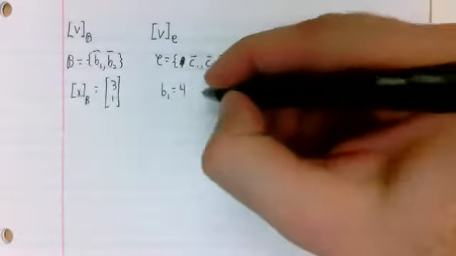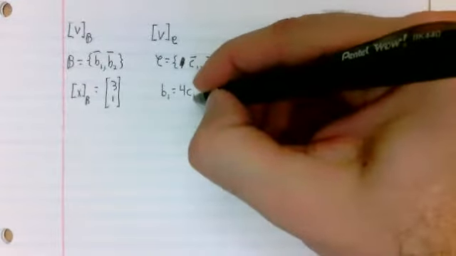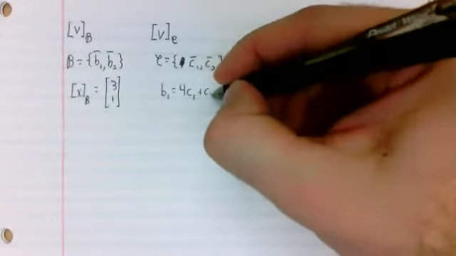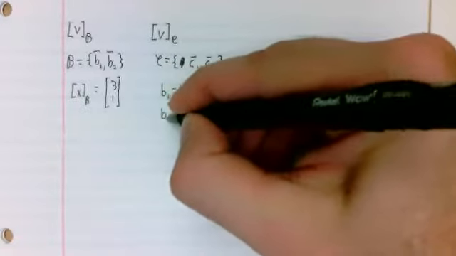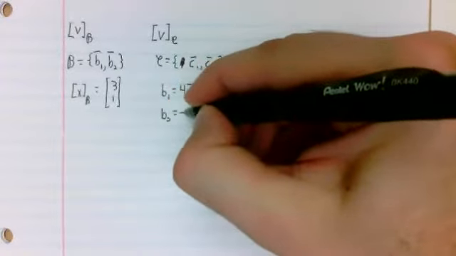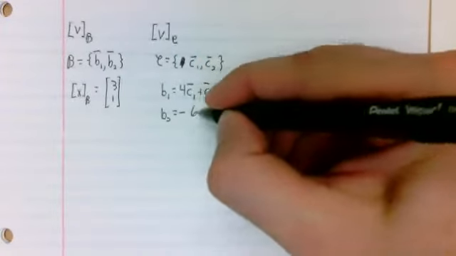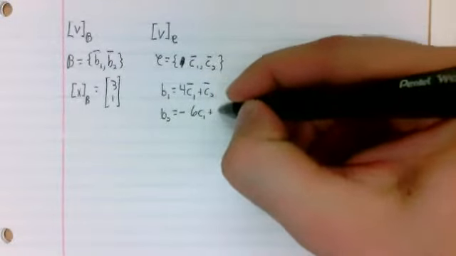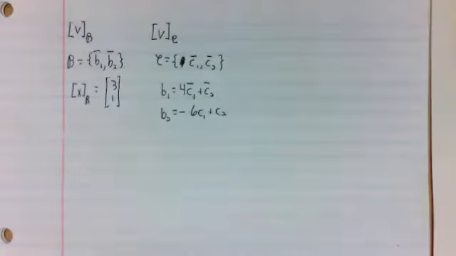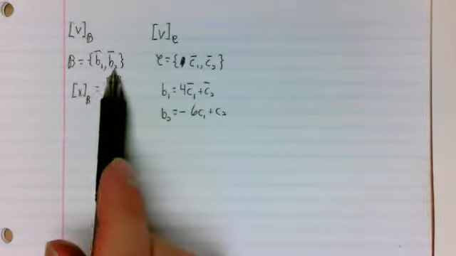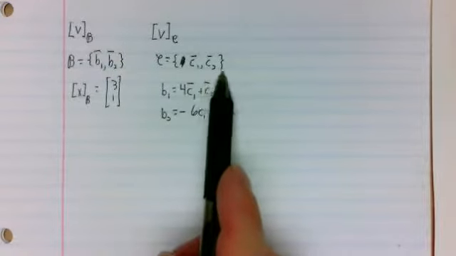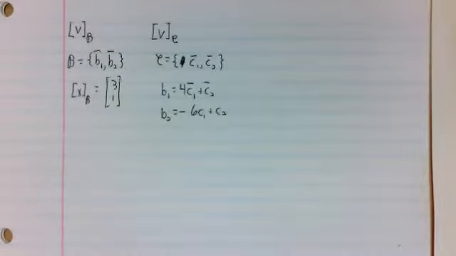Say, for example, that it's 4c1 plus c2. Let's say b2 is negative 6c1 plus c2. So we can express these basis vectors in terms of this basis.